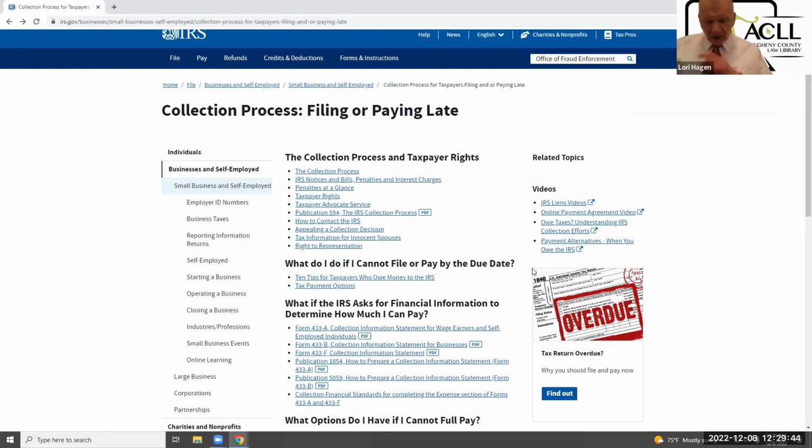But what the Office of Fraud Enforcement is doing, they are selecting and scheduling revenue officers and revenue agents to really look for fraud, look for what are known as the badges of fraud.